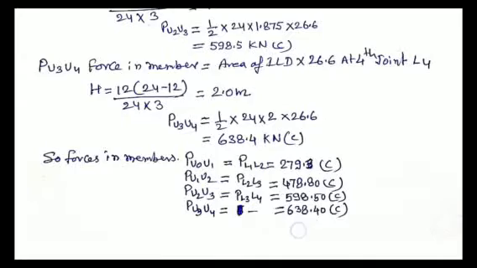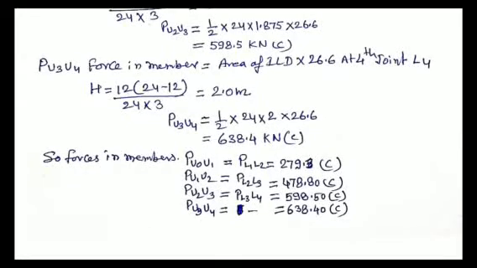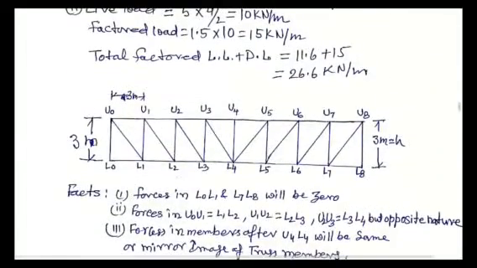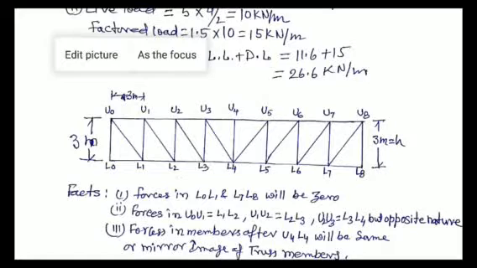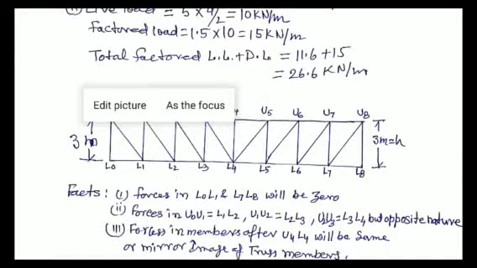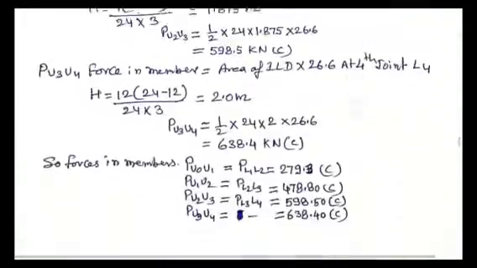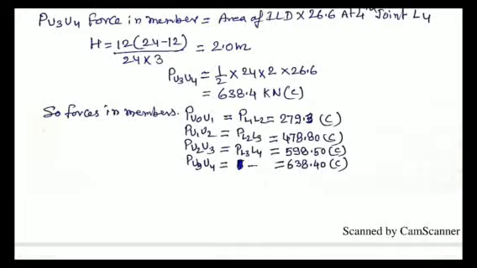And this is the summary of the loads, because we have already talked about the forces in these members. The force in these members will be the same but opposite in nature. So we can tabulate these like this. P U0 U1 will be equal to P L1 L2 but different in nature, or it will be a negative force, a tensile force.